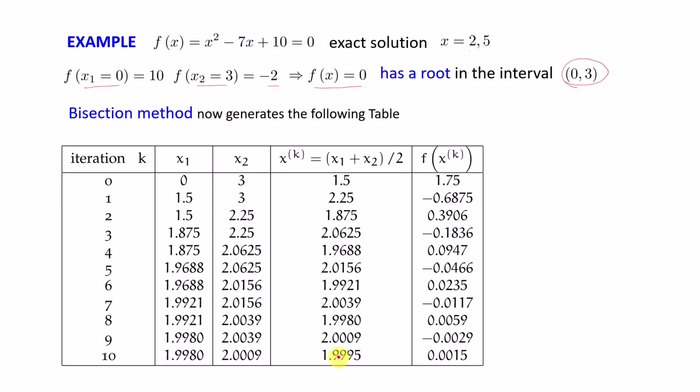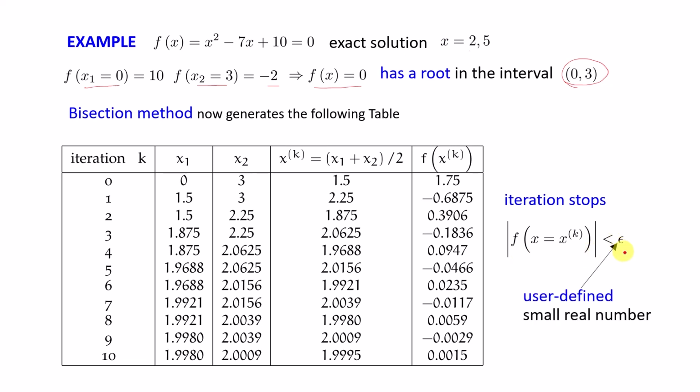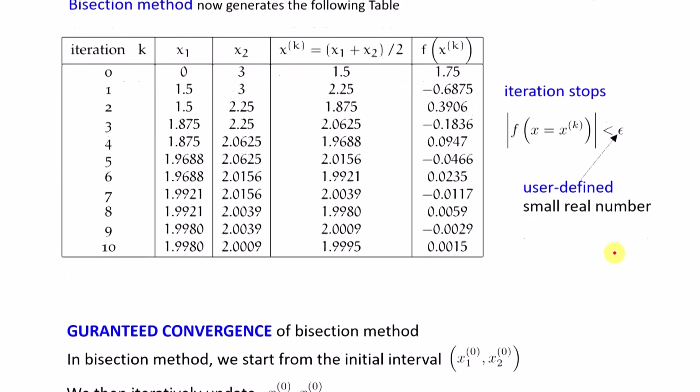So we are convinced that we are going in the right direction, and more iterations will give us the acceptable value of the root. Our iteration will stop when the value of this f of x is less than this epsilon, which we can define depending upon the accuracy that we want to have.